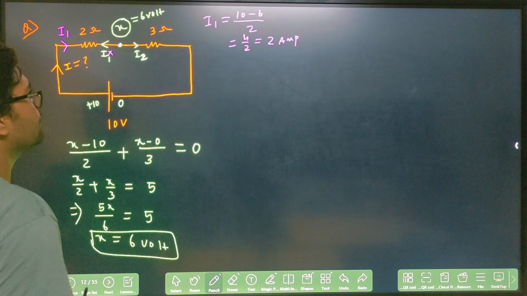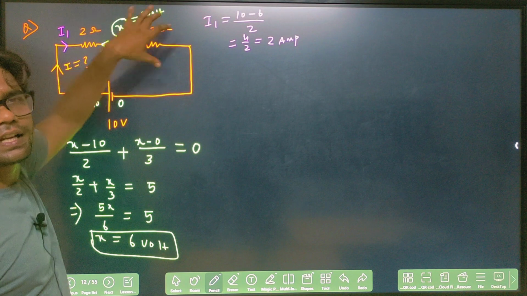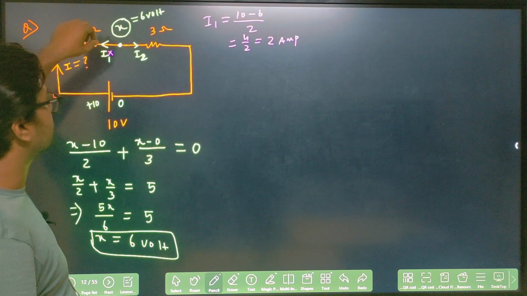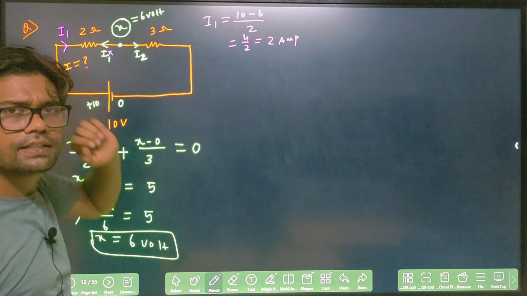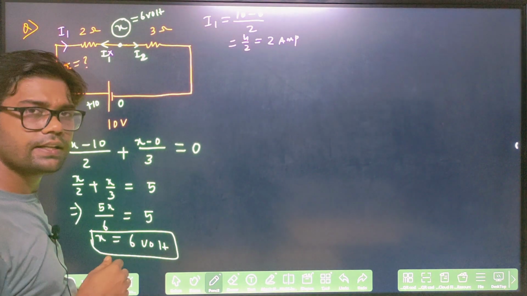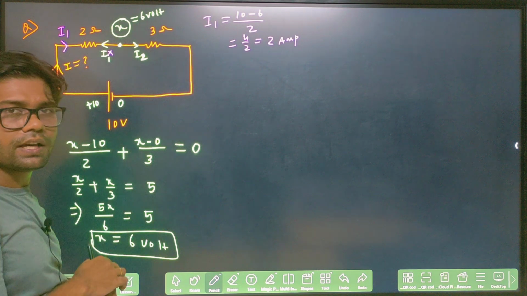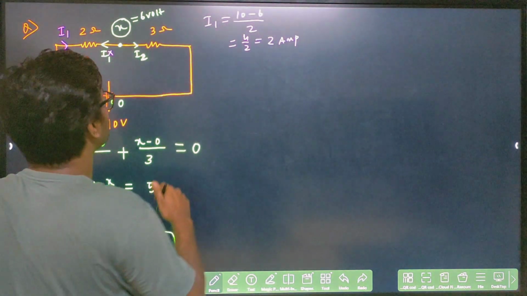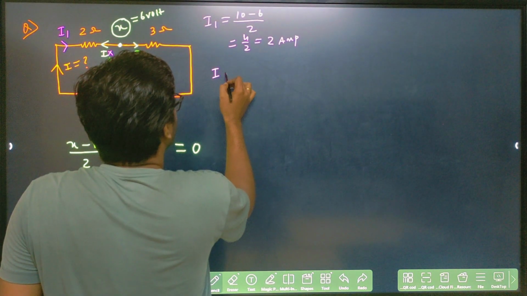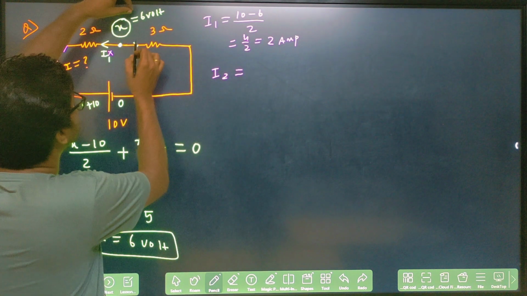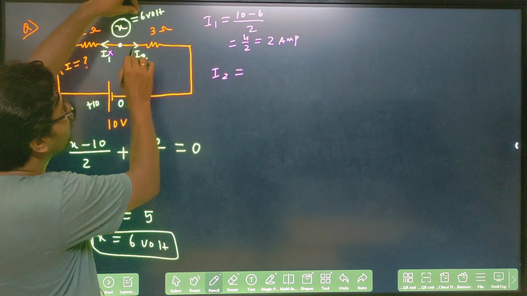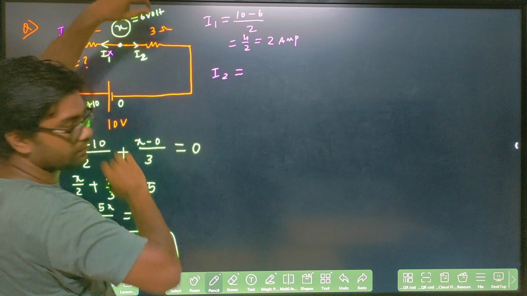Clear? Similarly, you know that these are in series connection, right? You have studied in 10th class. If these are in series connection, the current will be the same here. But I can find out I2: this is 6 volt and this is 0 volt and the current will flow like this.